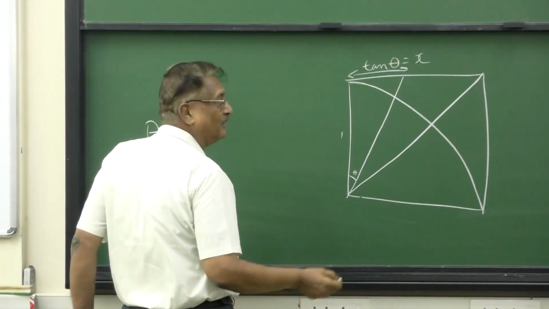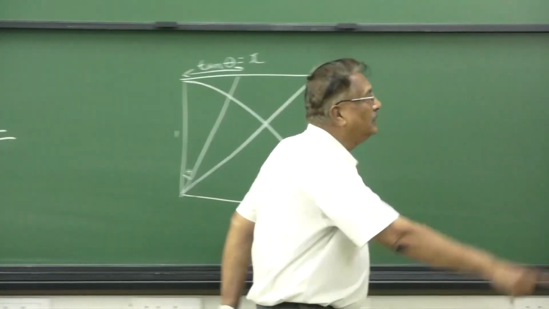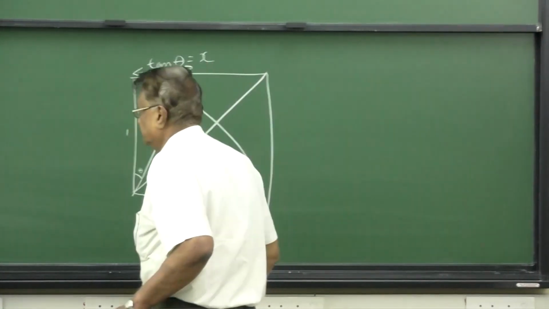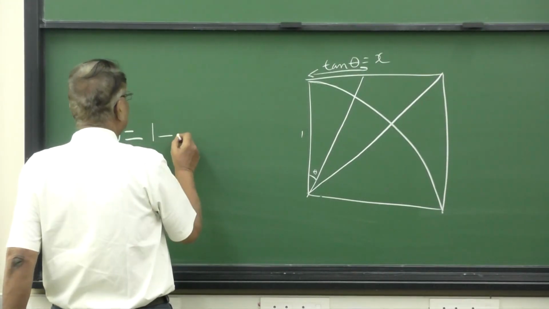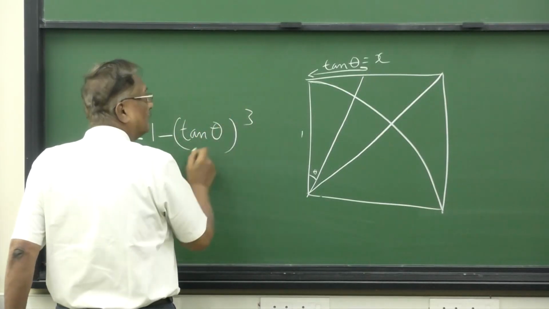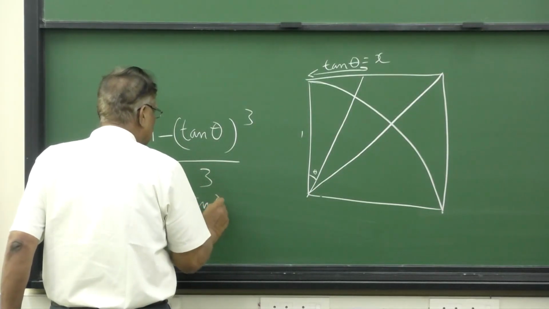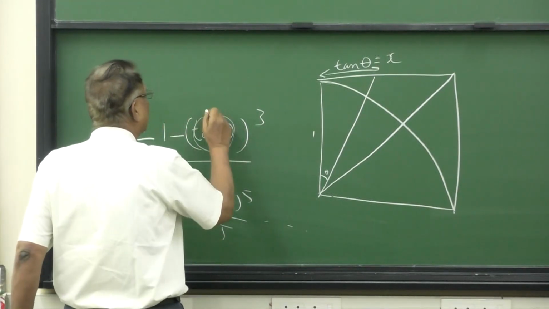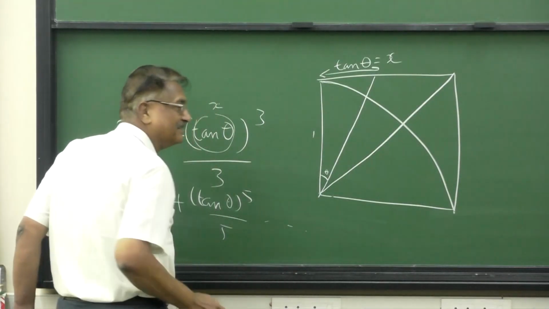So, instead of powers of r here, you get powers of x. Okay. So, what you get is theta is equal to 1 minus etc. Now you put tan theta is equal to x. Okay. So, you get the tan inverse x series.